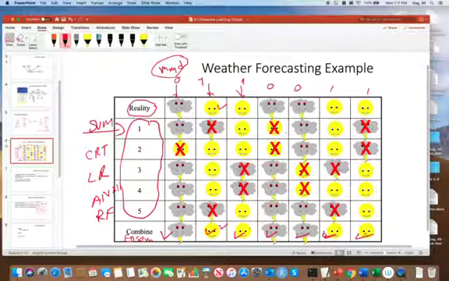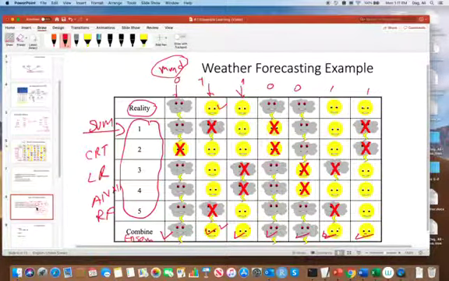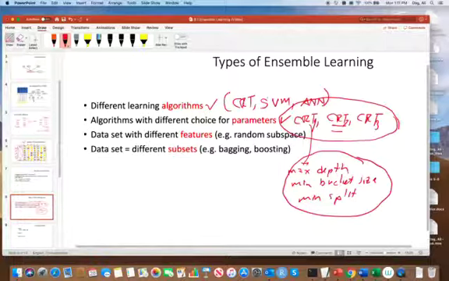So basically I am creating the same algorithm, the same model, with different parameters. That means I am changing their nature. But again, from a classification perspective and from a continuous outcome perspective, they are the same. We do voting if we have classification, we average them if we have continuous outcome.